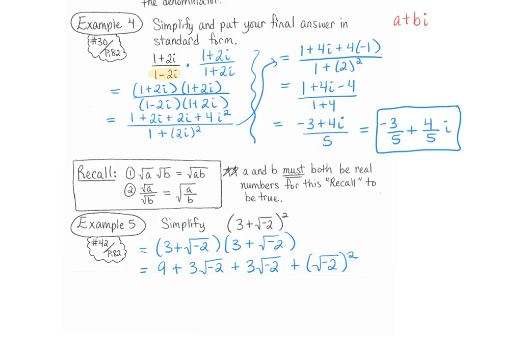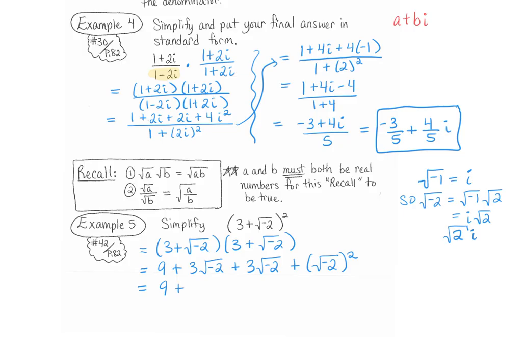So then we rewrite this. Remember, the square root of negative 1 is equal to i. So the square root of negative 2 is the square root of negative 1 times the square root of 2. So that's i square root of 2, or the square root of 2 times i. Make sure that i is not underneath the radical.